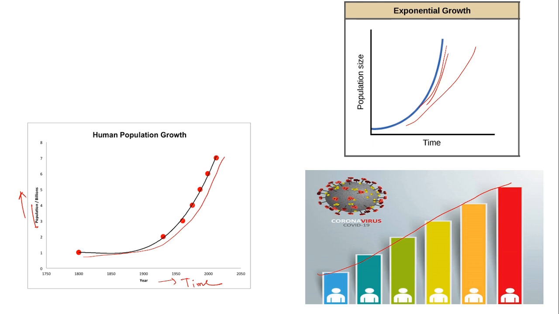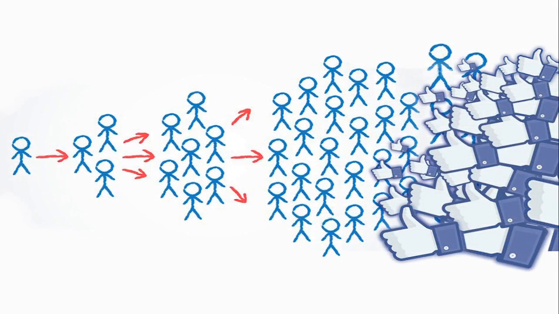So there are various examples of spreading or increasing things that follow the exponential growth rate. I think this tutorial will help you understand the concept of exponential growth and what the exponential growth model in population biology, invented by Malthus, looks like.